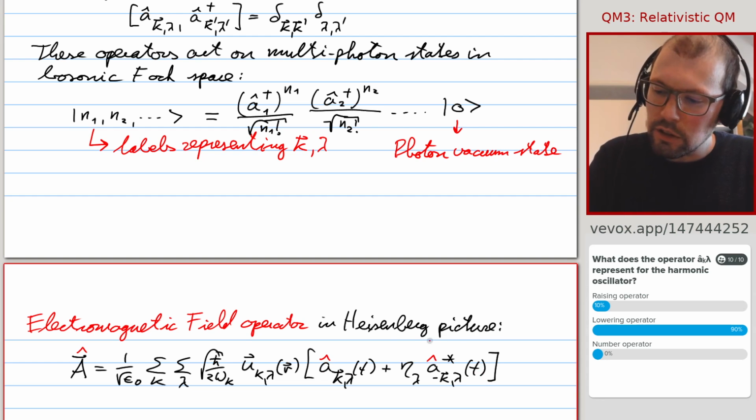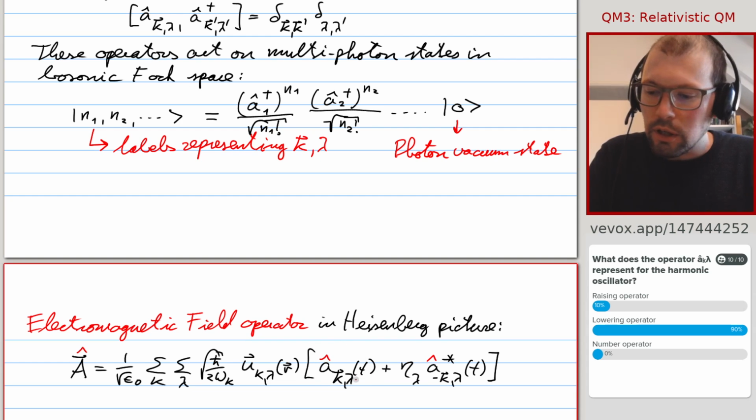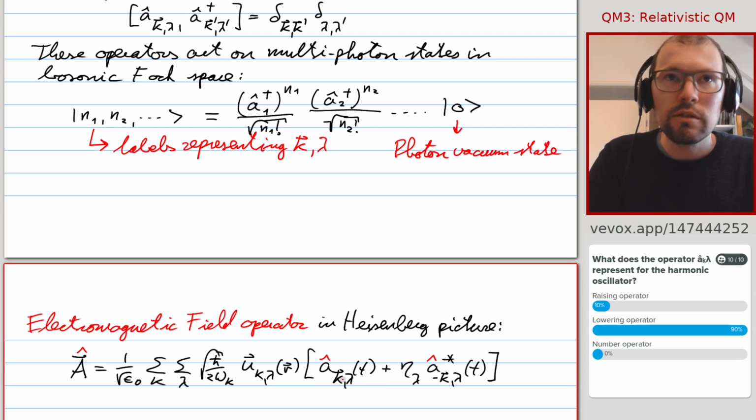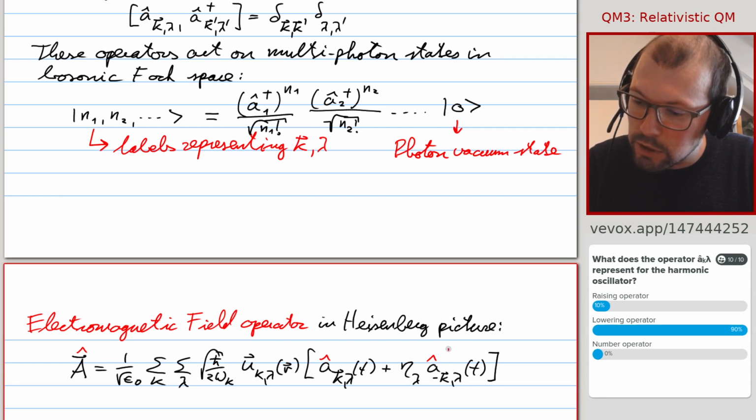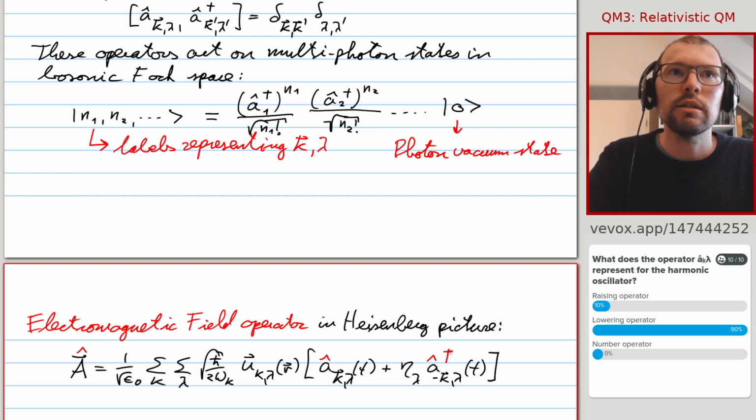So this field is like a mixture of creating some photon states and destroying some photon states, or the other way around. And this now becomes a dagger in the operator picture.